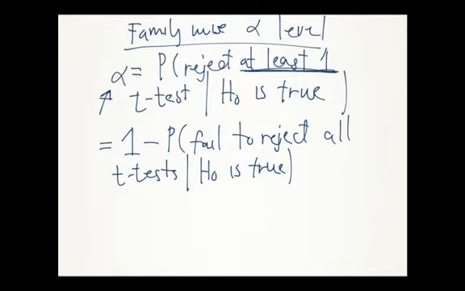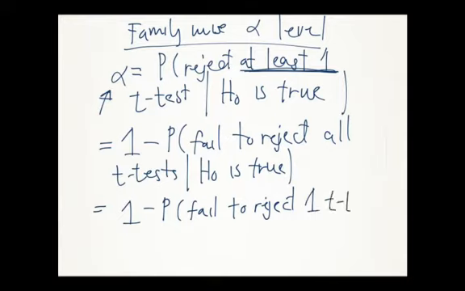Which is equal to 1 minus the probability that we fail to reject one t-test given that the null is true, and this big probability is to the 6th power, because we have 6 tests to conduct, right?